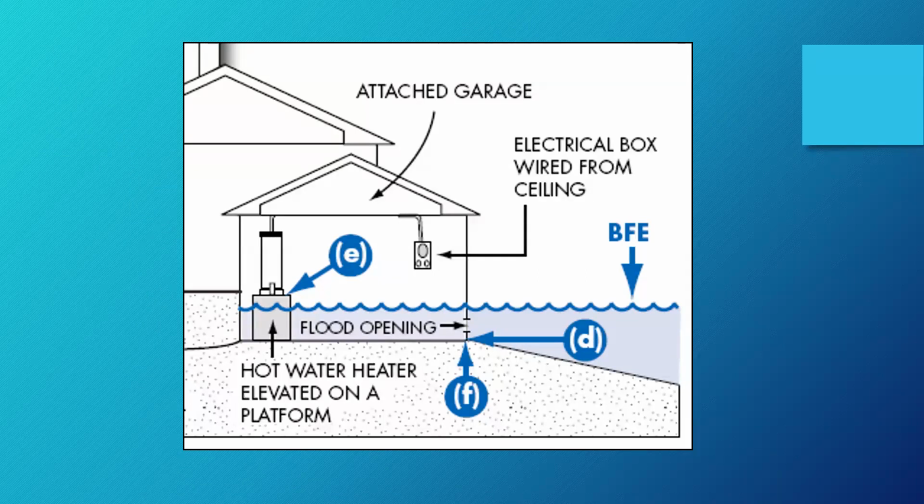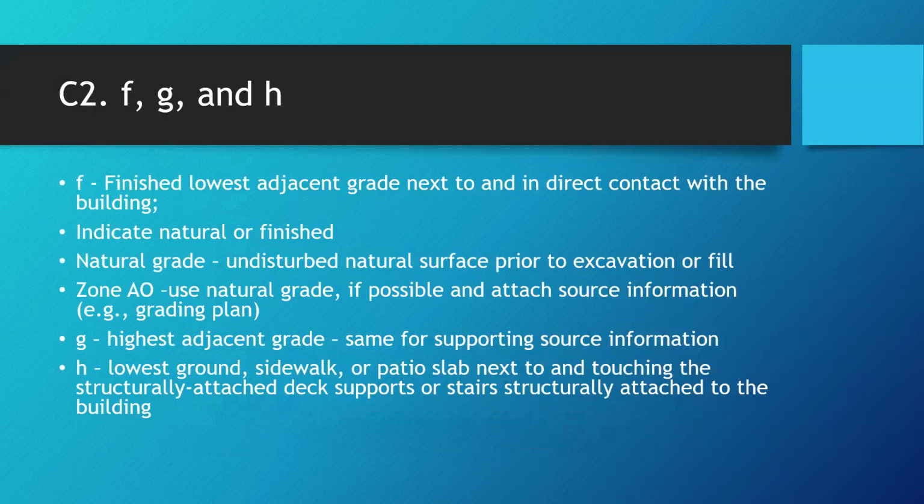And then you have an electrical box wired from the ceiling, but that's not the lowest machinery and equipment. And then you have the base flood elevation coming in just above the garage floor there. And then, of course, the house is elevated. It looks like maybe on fill or natural grade.